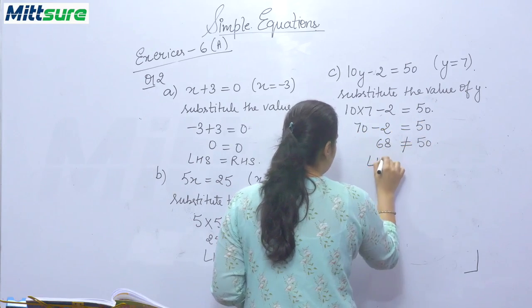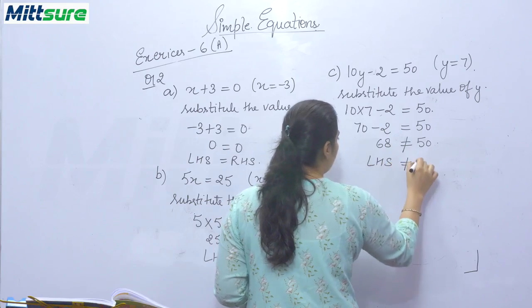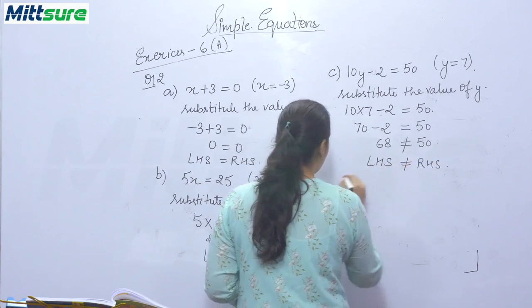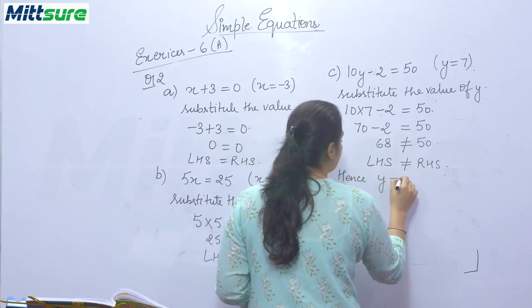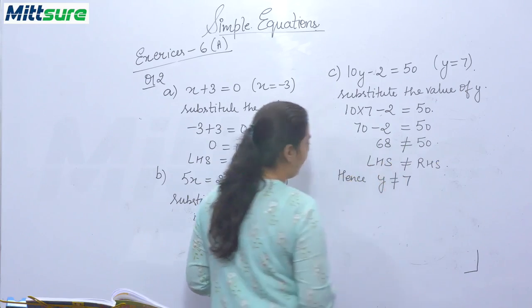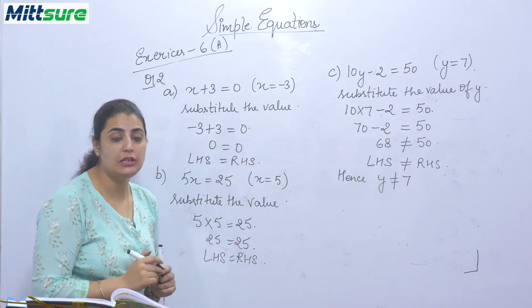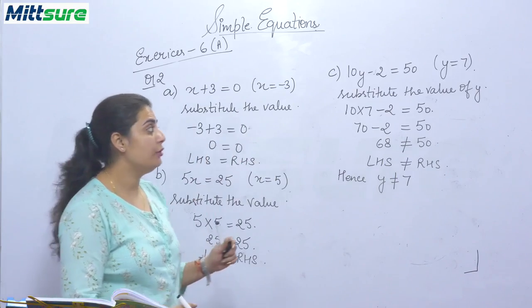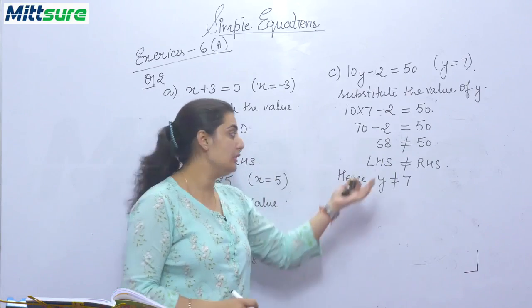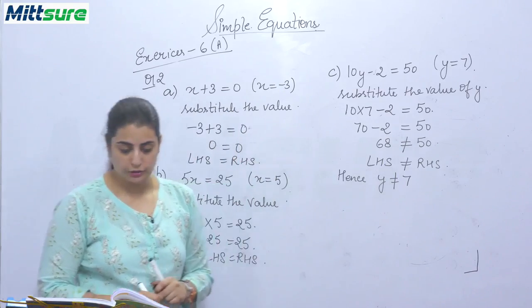That means LHS is not equal to RHS. So here you will mention, hence y is not equal to 7. You will mention this in case the value of the variable does not match the balancing of the equation.